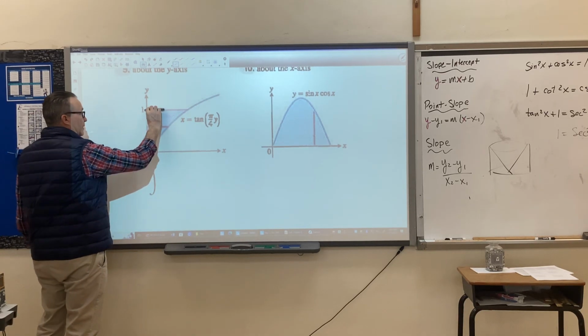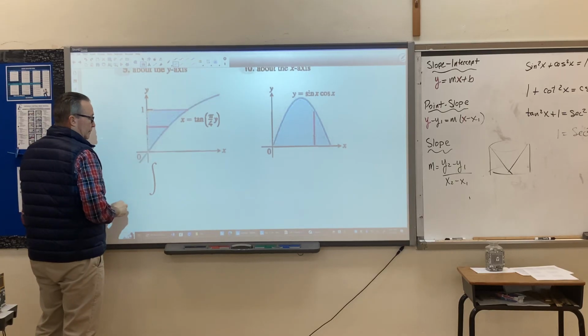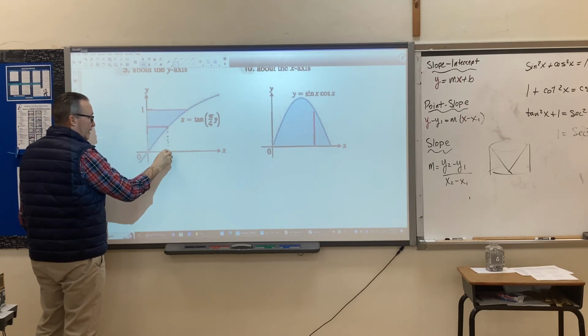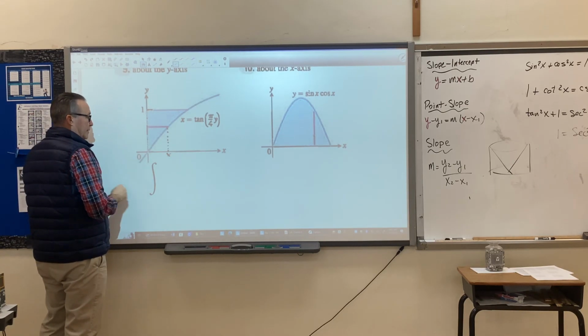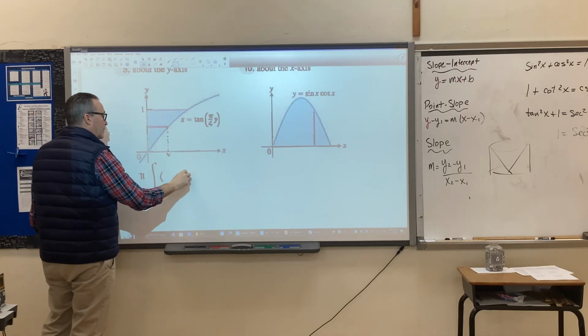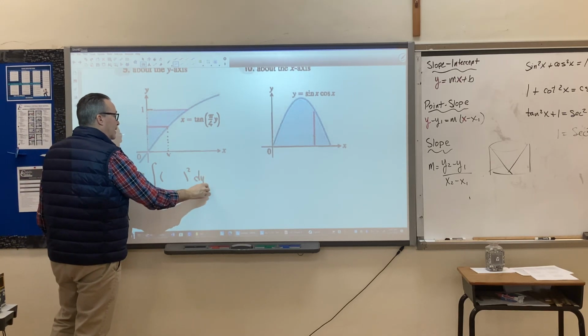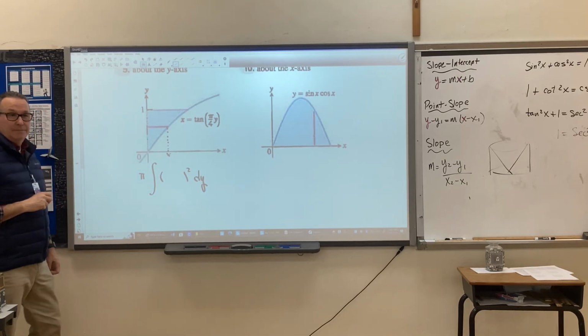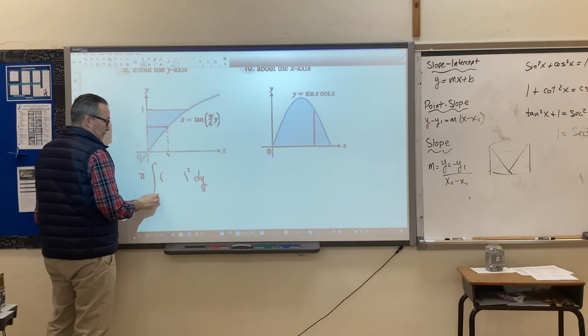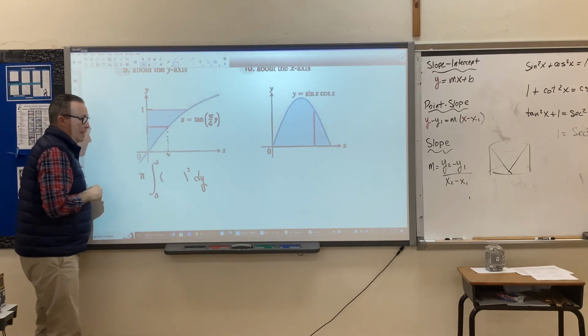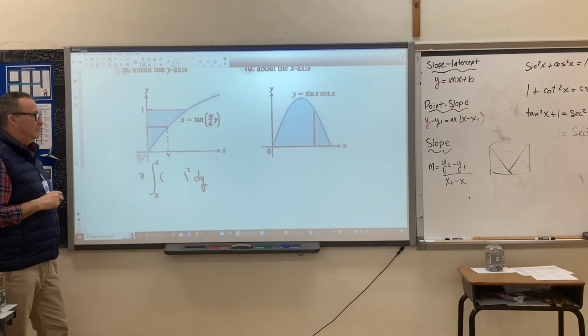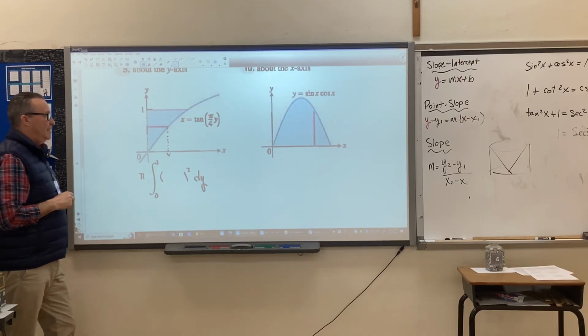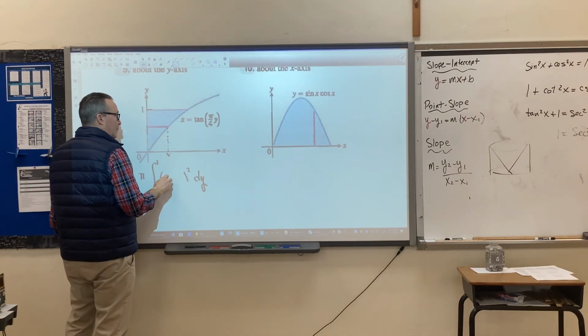Right, we're going like this. Length of the rectangle is x. This is pi, something squared dx dy. So rectangles are perpendicular to the y-axis. What about the interval? 0 to 1. And what are we integrating? Tangent of pi over 4 y.